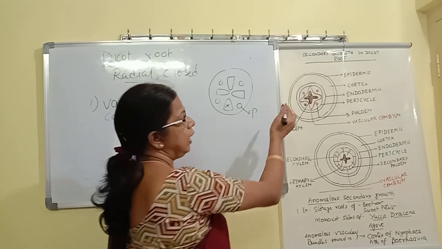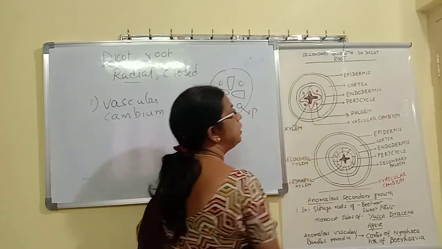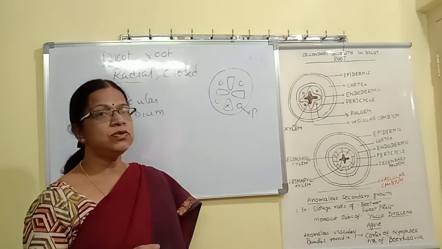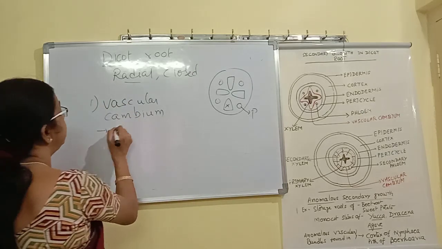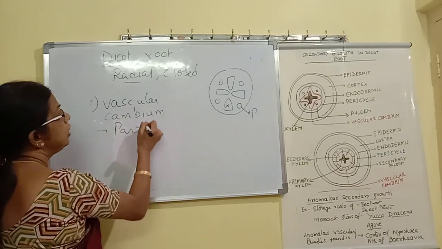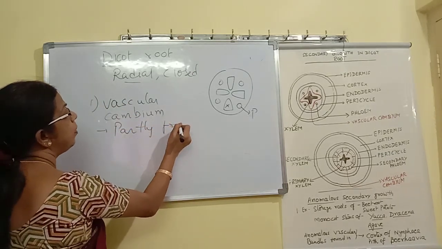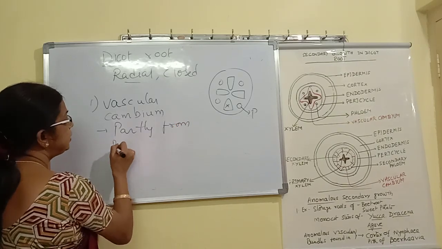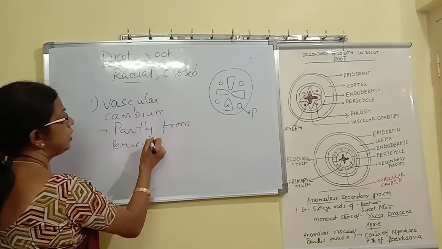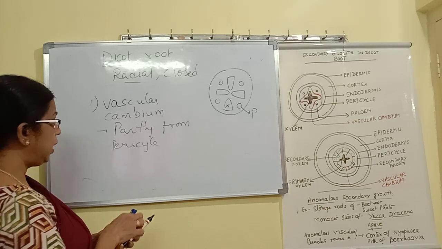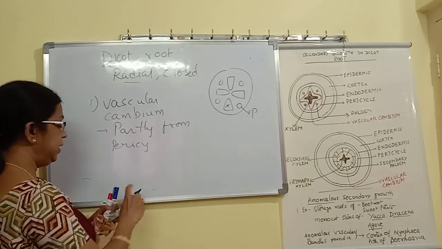In the diagram I have shown this in red. The vascular cambium is formed partly from pericycle, partly from conjunctive tissue.